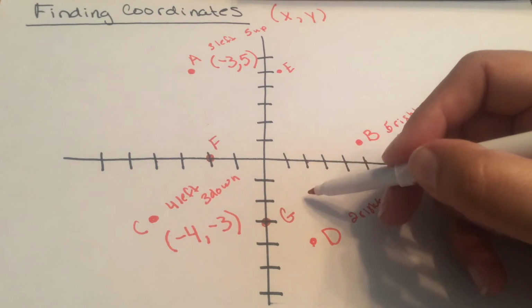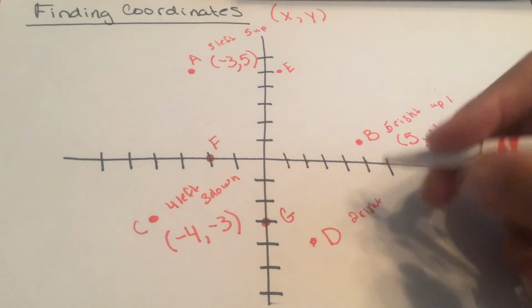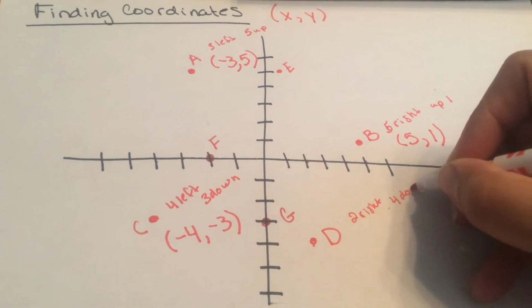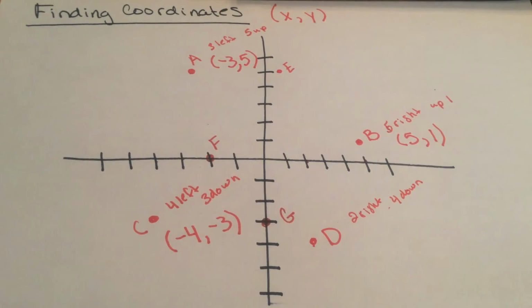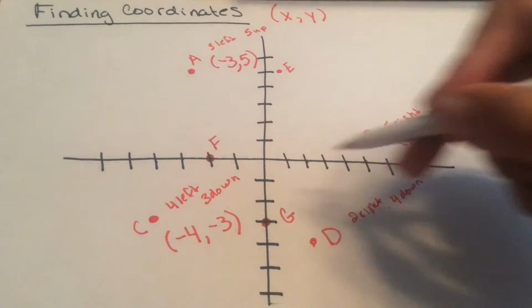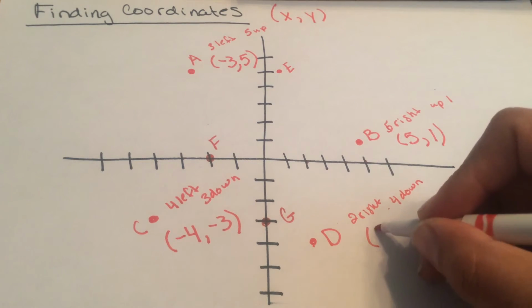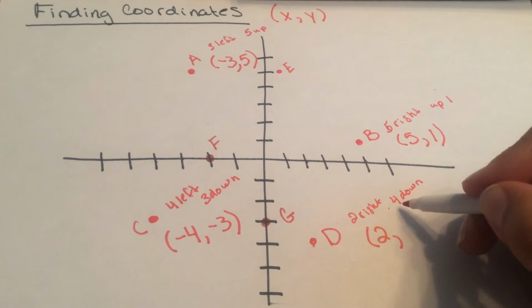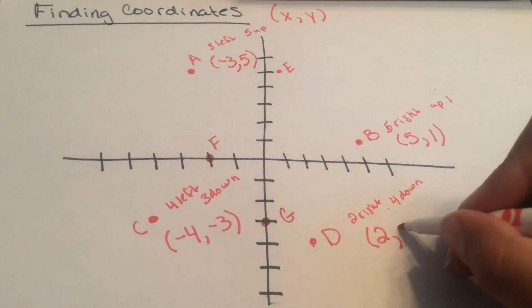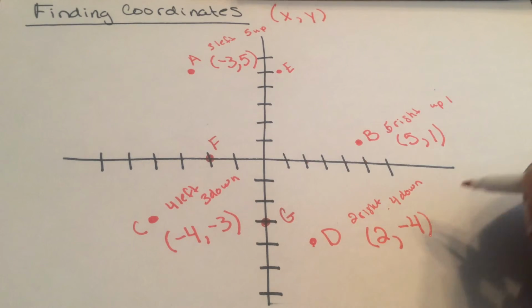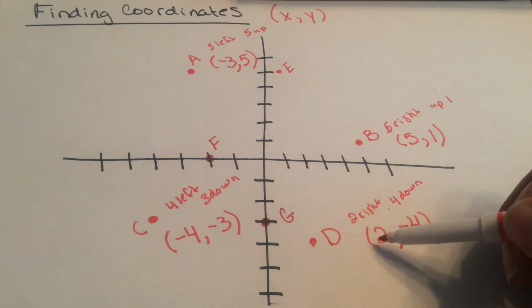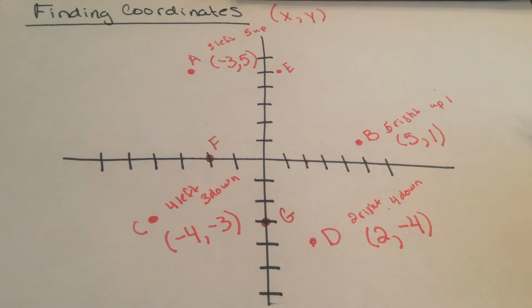And 1, 2, 3, 4 places down. Since I moved to the right along my x-axis, I know that it's going to be a positive. Since I moved down on my y-axis, that's going to be a negative. Therefore, my coordinate is going to be 2, -4.